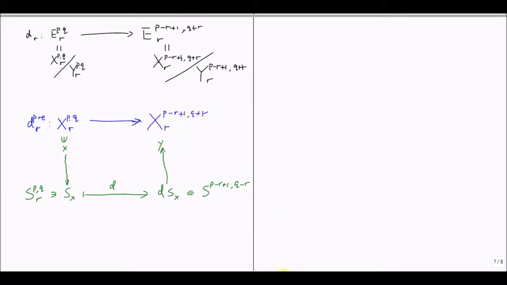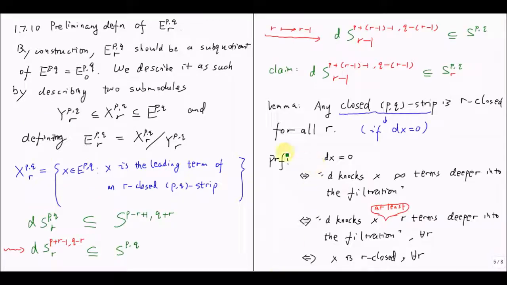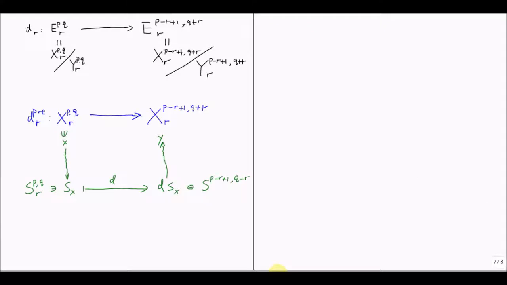To this end, we recall the lemma: any closed pq strip is r-closed for all r. The lemma tells us, since this d s_x is closed because d squared is 0, it is actually r-closed for any r.